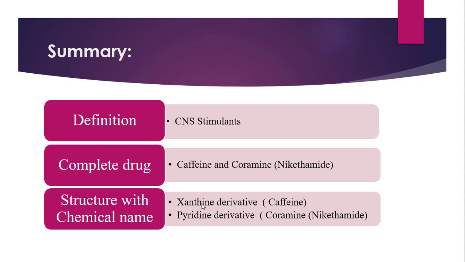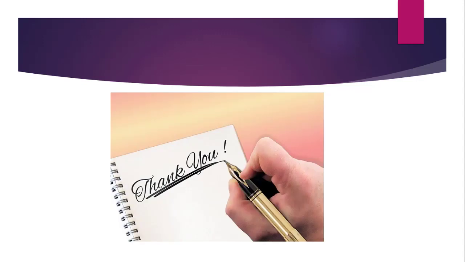Same way, nicotinamide is nothing but coramine and coramine is nothing but nicotinamide. These things you will have to remember. Unless you remember these things, you will not be able to write the answer, though you might be knowing the answer. So with this we finish the repeatedly asked questions.